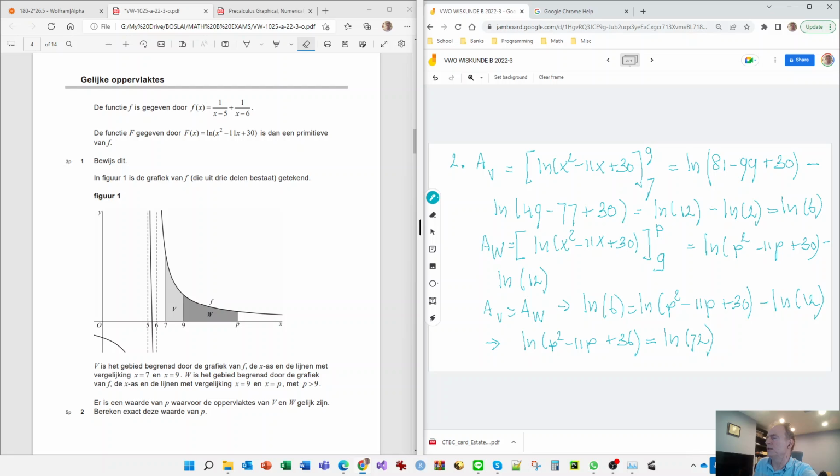Actually, I can also even bring this log 72 over. I subtract both sides by this, and then demand that this log is 0, but you get exactly the same result, namely that p squared minus 11p and then minus 36 minus 72 is 36, has to be 0.